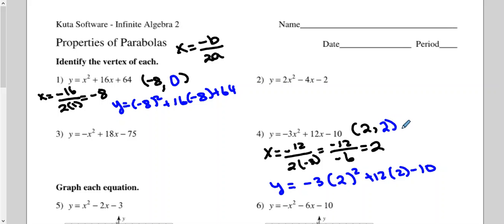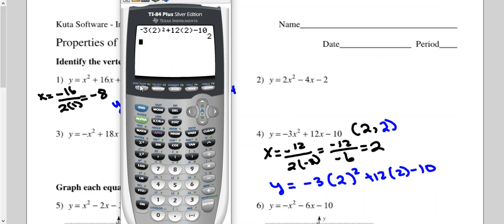Let's graph it and check to see if we're correct. So I'm going to do negative 3 x squared, always use this x squared, plus 12x minus 10, and we're going to graph it. And then the vertex is at 2, 2, right there.